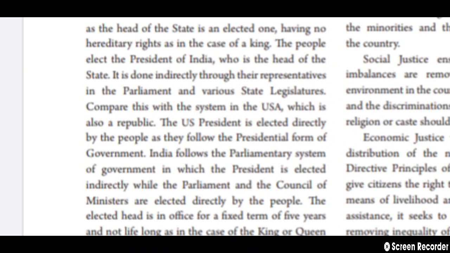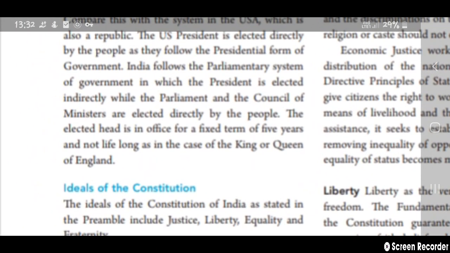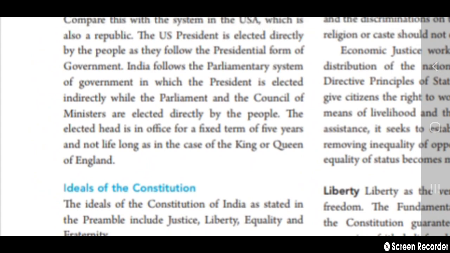The elected heads are in office for a fixed term, unlike the king or queen of England, who serve for their whole life. It is not like that in India.